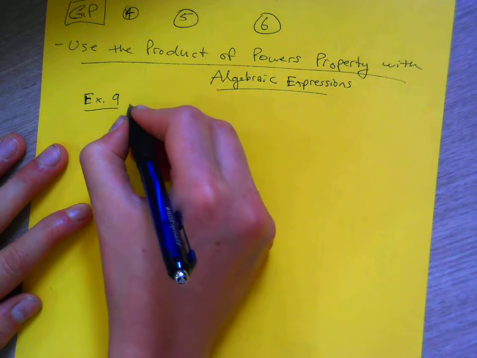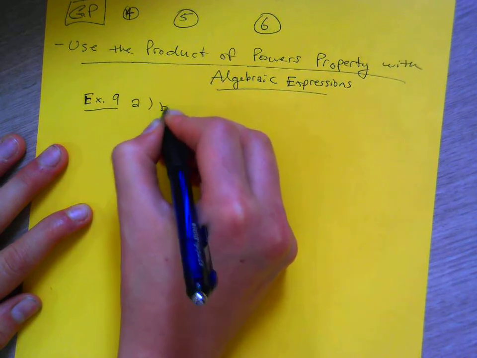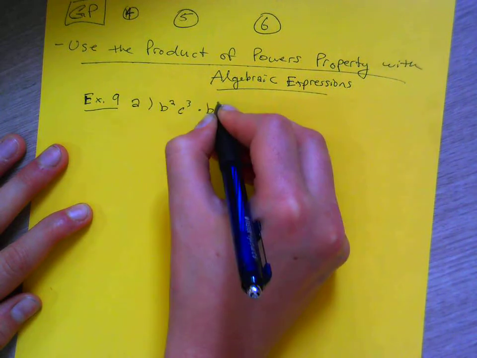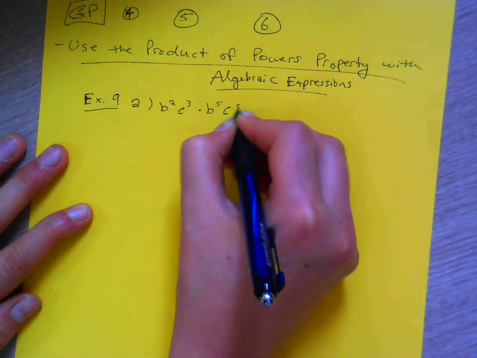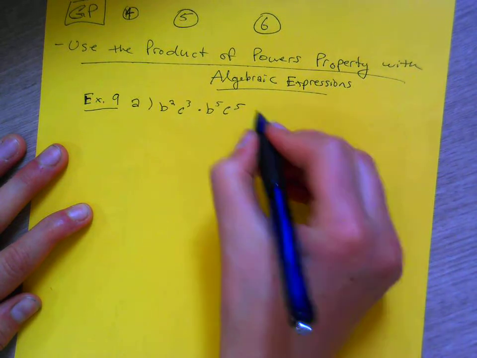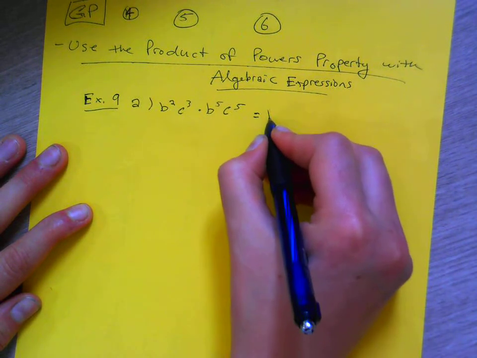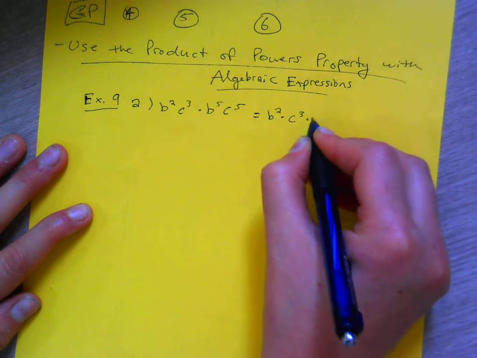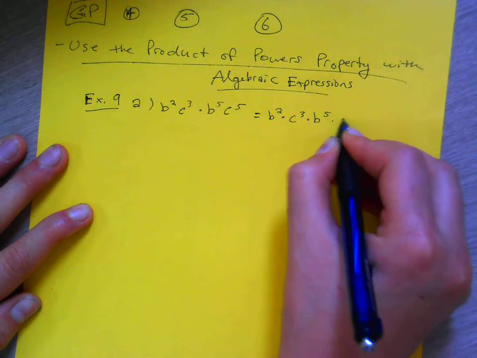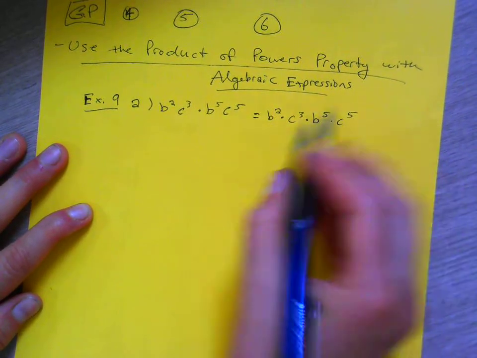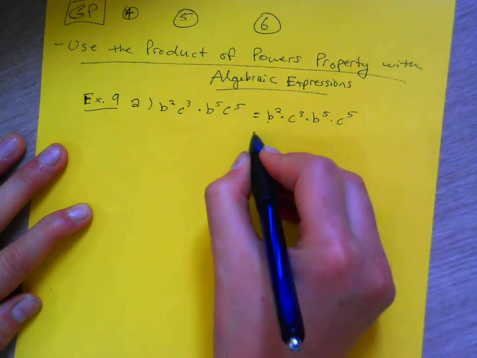Let's try this together. A, b squared c cubed times b to the 5th power c to the 5th power. We can rewrite this as b squared times c cubed times b to the 5th power times c to the 5th power. Let's rearrange this so that the b's are together and the c's are together.